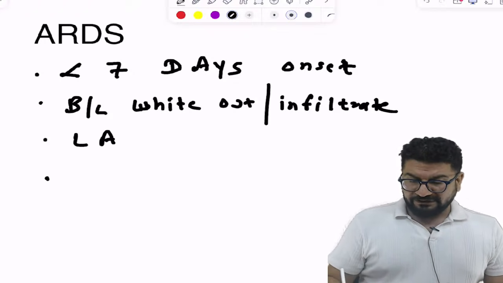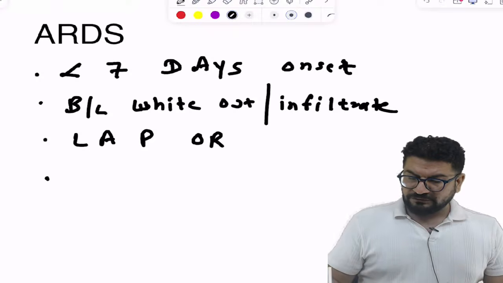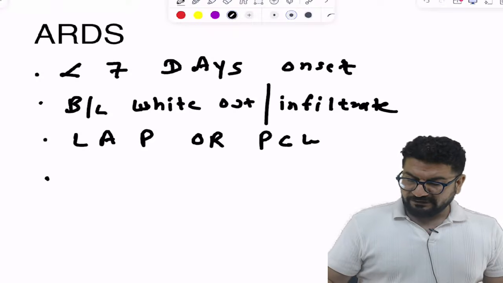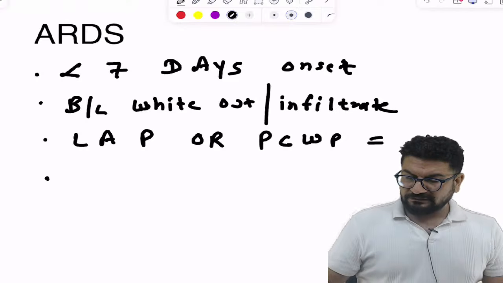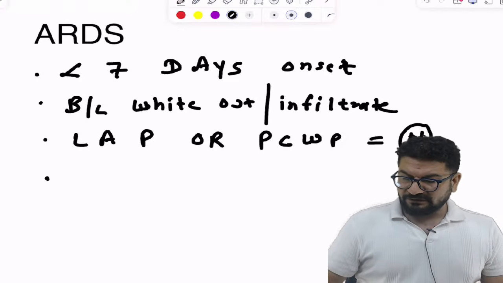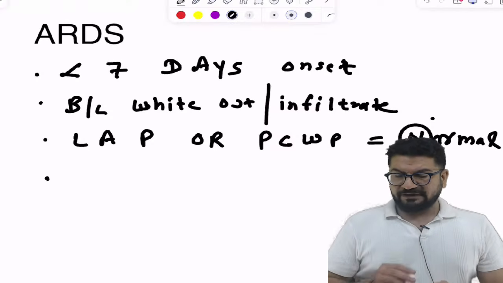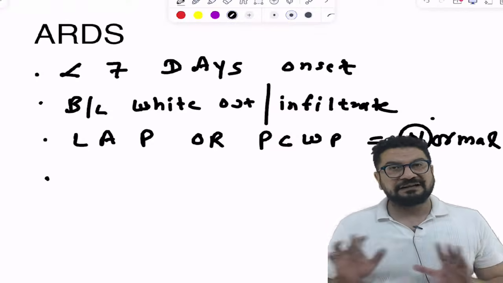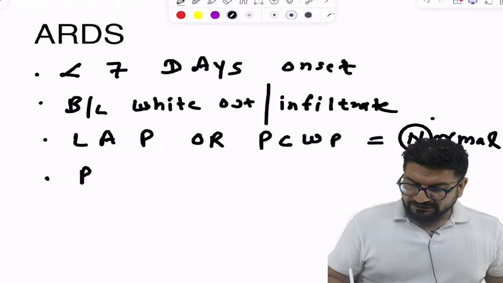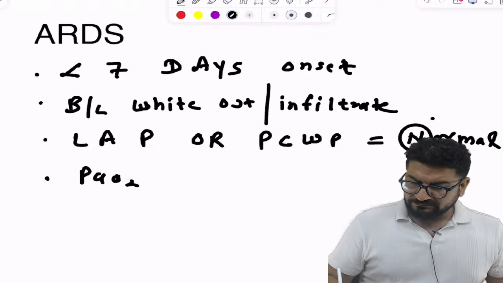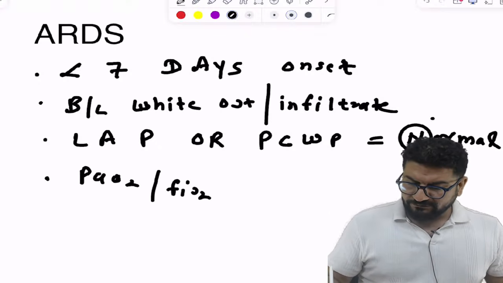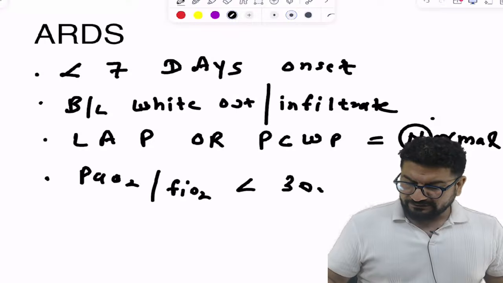Heart is perfectly normal means left atrial pressure, or pulmonary capillary wedge pressure, will be normal. Heart has nothing to do with it. And we see the PaO2 to FiO2 ratio will be less than 300.